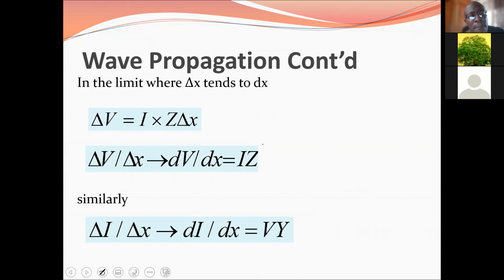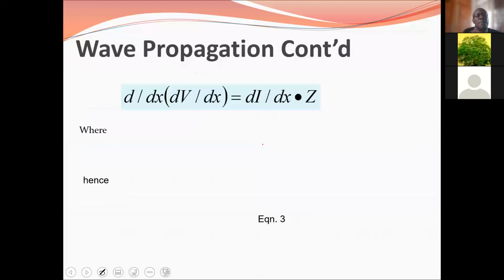So we make a substitution. So d/dx, right? So we're differentiating. So d/dx of dV/dx would give us di/dx times z.